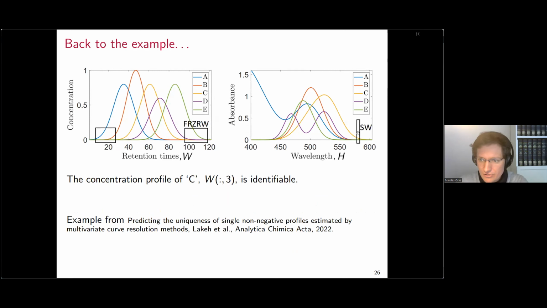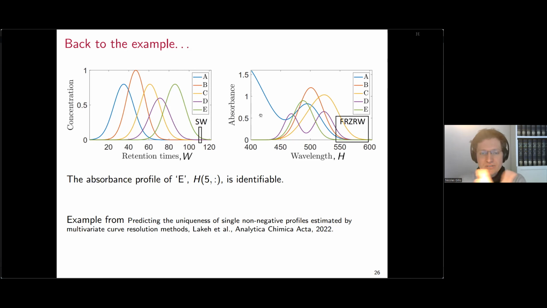You can do the same for other parts. For the yellow one, here you have the selective window, it's positive while all the other ones are 0, and when the yellow one is 0, the other ones have full rank. Again, we can guarantee that the yellow one on the left is unique. Similarly, what we can do for W, we can do for H. Here, the green one is positive while the rest are 0, so the selective window assumption is satisfied for the green row of H, and when the green is 0, the other ones have full rank.